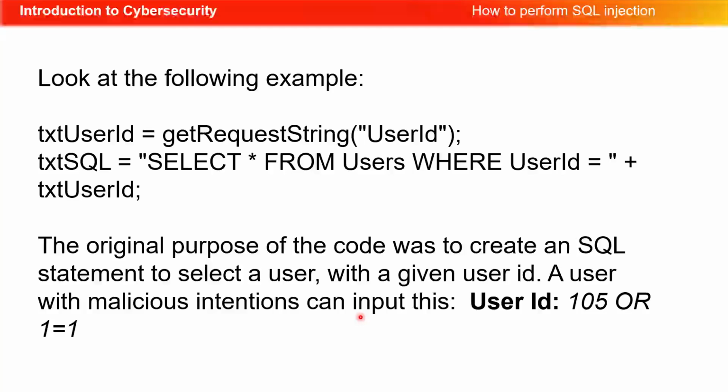The purpose of the code is to create an SQL statement to select a user with a given user ID. You can see what's going on here: we are looking for a user ID on the system. Many times, database and application developers will use very intuitive names, which makes life easier for everyone, like a customer database that keeps customer data and a user database that keeps user data.